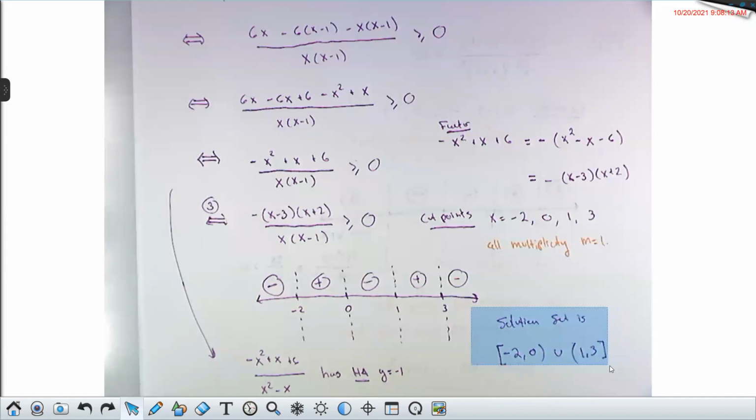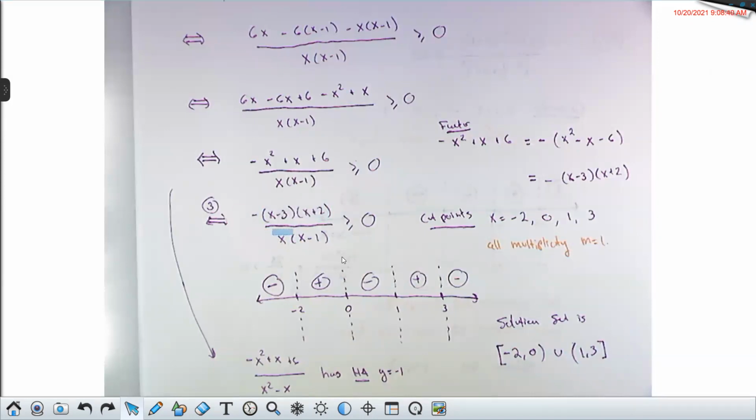So we found our solution set by noting where this function was positive, from -2 to 0 and from 1 to 3. And then we said, when it comes to the endpoints, since this is a greater than or equal to, we need to check and see whether each of those endpoints satisfies the inequality or not. The endpoints that came from the top do satisfy the inequality because that makes the whole thing 0. So we put a bracket on -2 and we put a bracket on +3.